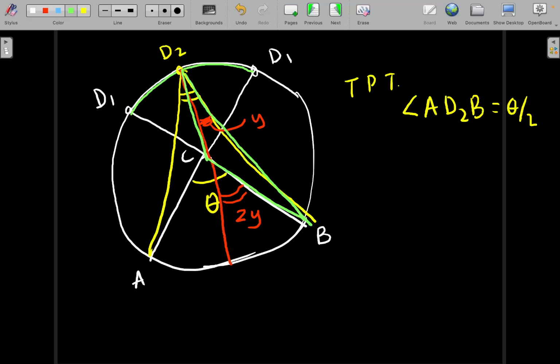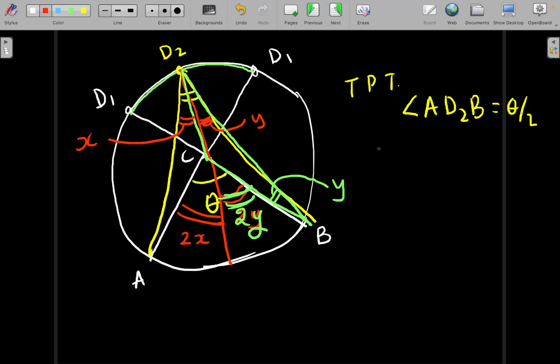Now if it's an isosceles triangle, then if this is y, then this is also y, and therefore the external angle here will be 2y. Now same idea repeated. If this angle is x, then this angle is going to be 2x.